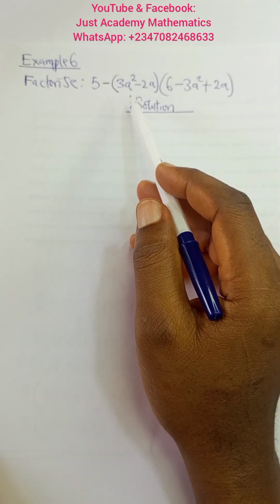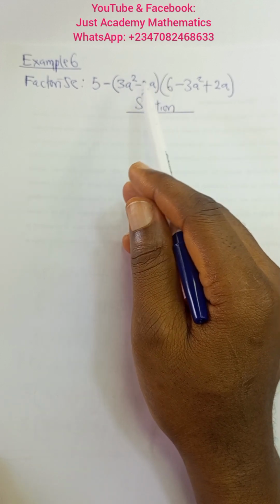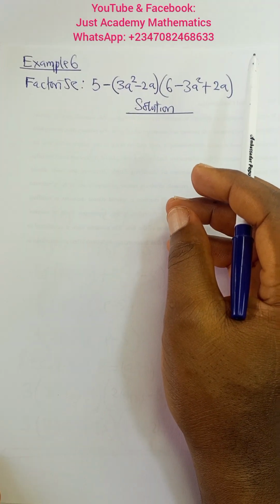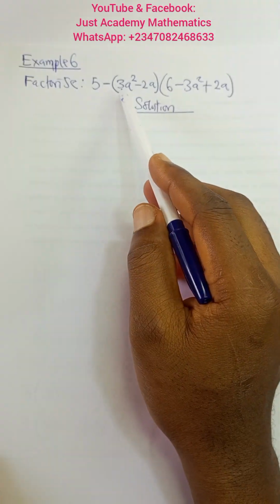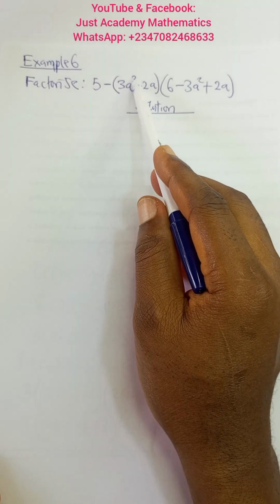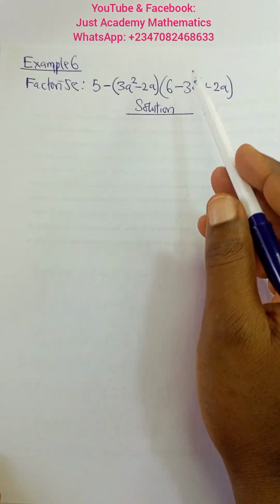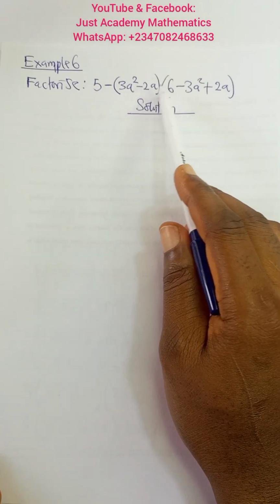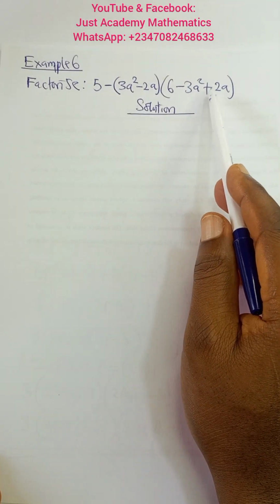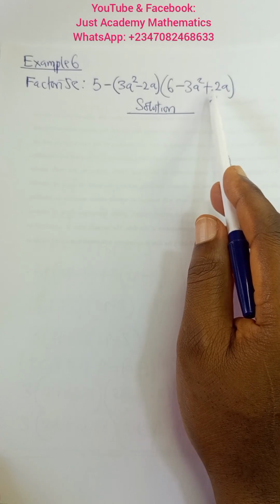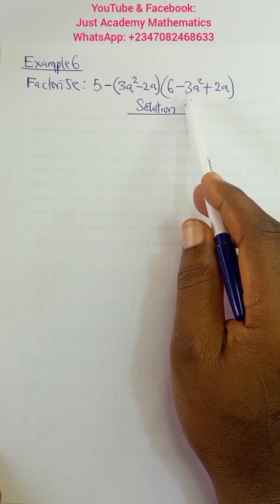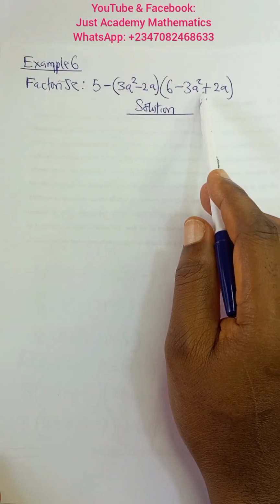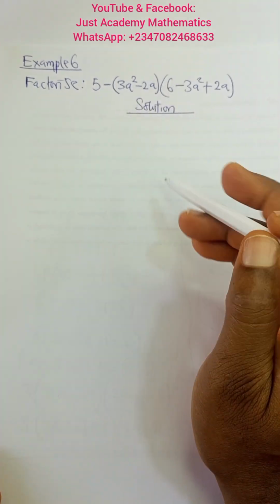So what you will need to do is always check if there is anything common. If you notice this bracket, you will see 3a squared minus 2a. But notice that inside this bracket, there is something similar to this: 3a squared plus 2a. This is minus 2a, this plus 2a. So the first goal is to write this one to look like this one.